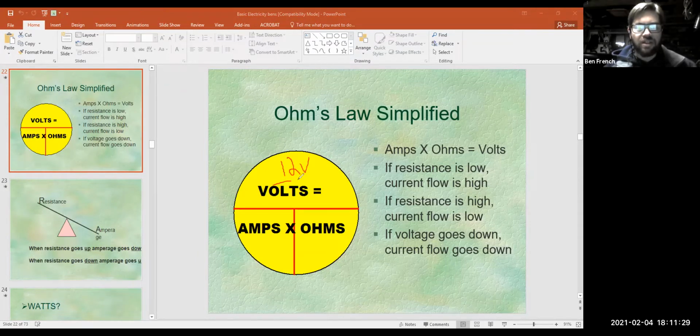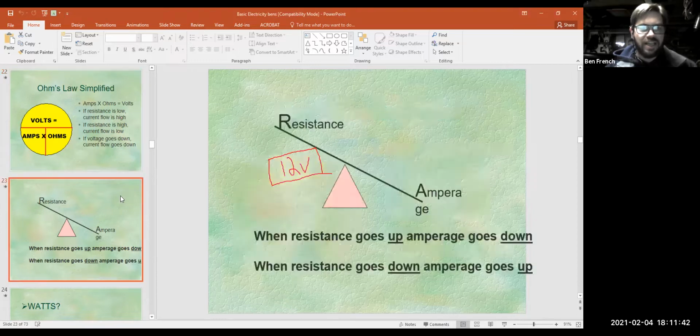And so as long as the battery is not dead, if we have a consistent 12-volt battery, the next thing that Ohm's law tells us, that's really the most critical thing for us, is on this next slide. It's like a teeter-totter effect.